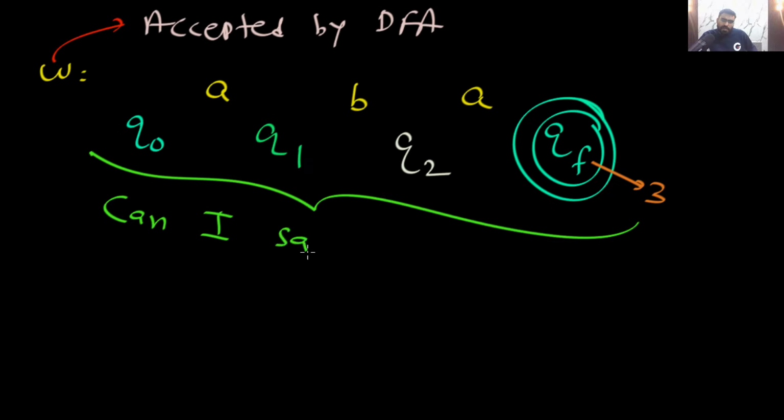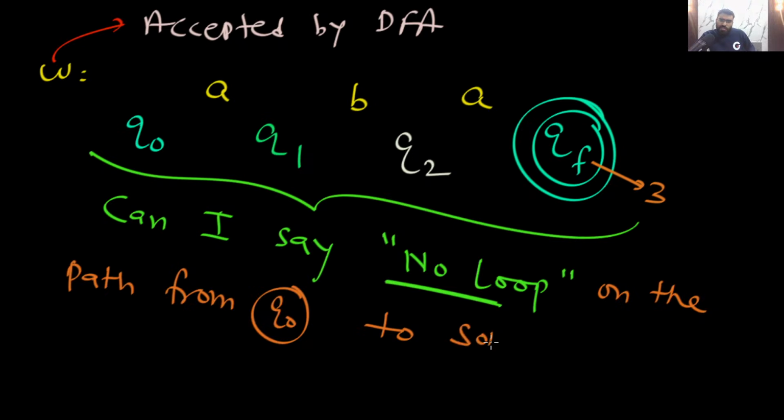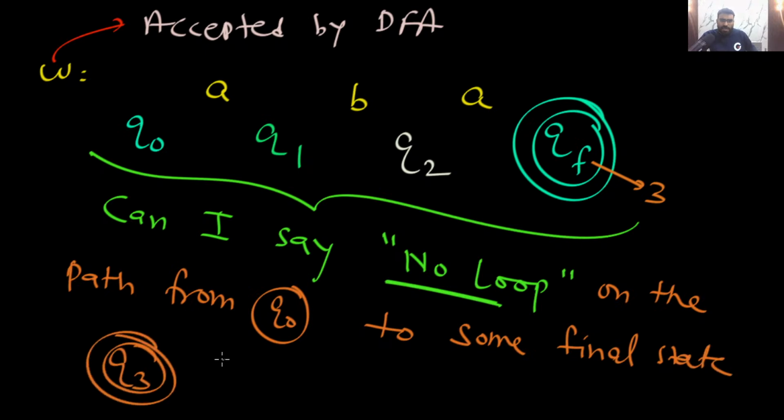Can I say there is no loop on the path from the initial state Q0 to some final state, that is your Q3? Please tell me. This is an interesting question. Can I say there is no loop?